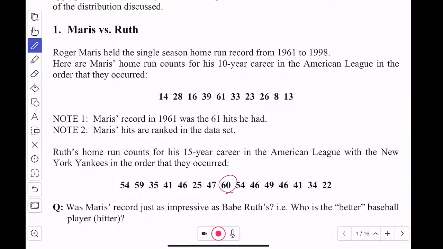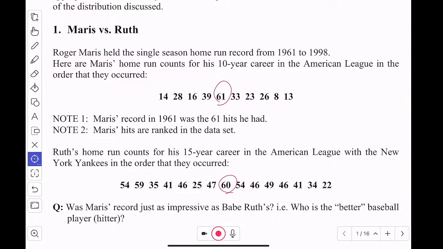But when Roger Maris came along in his shorter career, he had one season where he had 61 home run hits. So in terms of the baseball statistics, Roger Maris superseded Babe Ruth as the best all-time hitter. And since then, somebody else, and I'm sorry, I'm not a baseball aficionado or fan, so I don't know who it is, but for some time, Maris held that record.